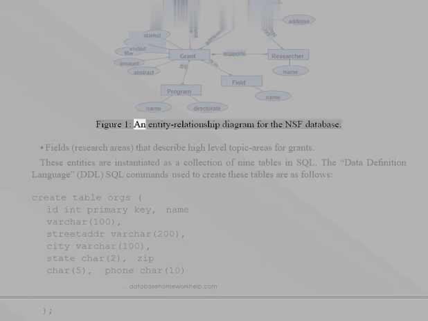Figure 1: an entity relationship diagram for the NSF database. These entities are instantiated as a collection of 9 tables in SQL.